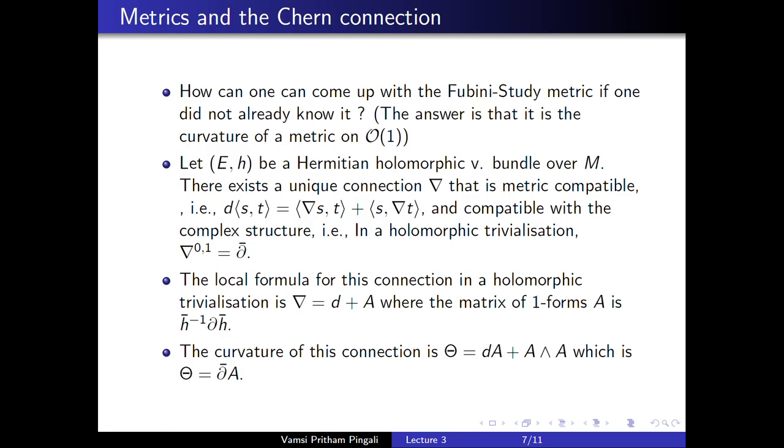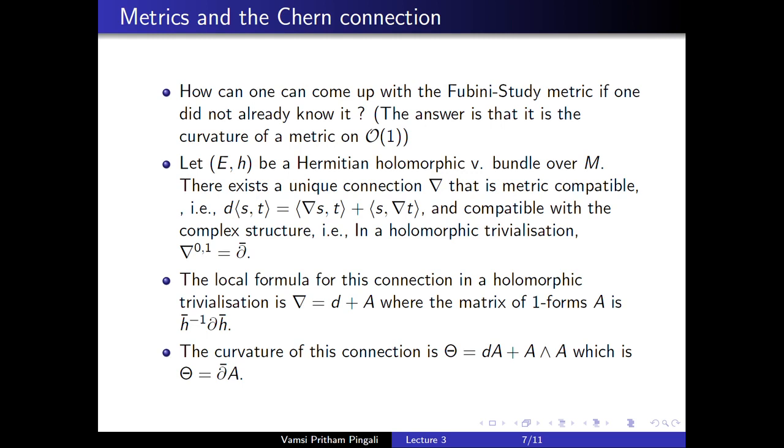That local matrix is called the curvature. Right. Alright, and that particular matrix in our situation can be simplified, this expression, to the curvature matrix being del bar of H bar inverse del H bar.